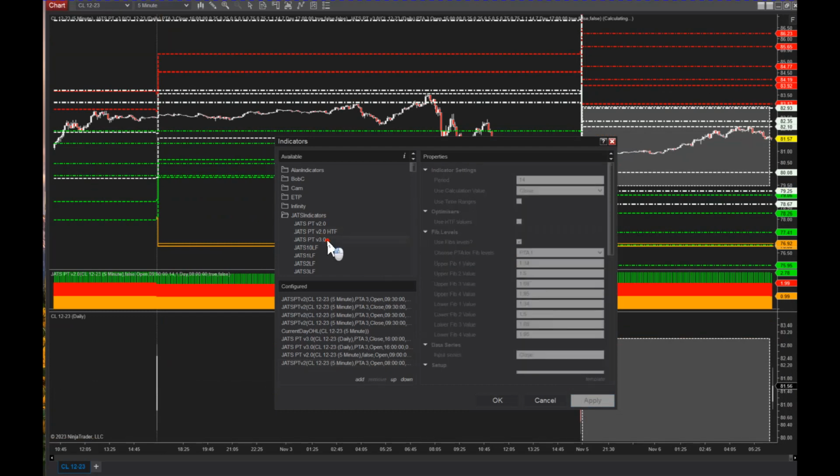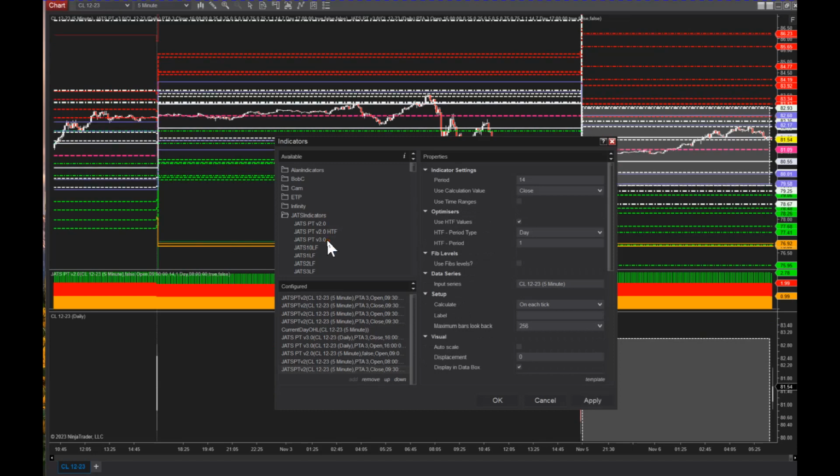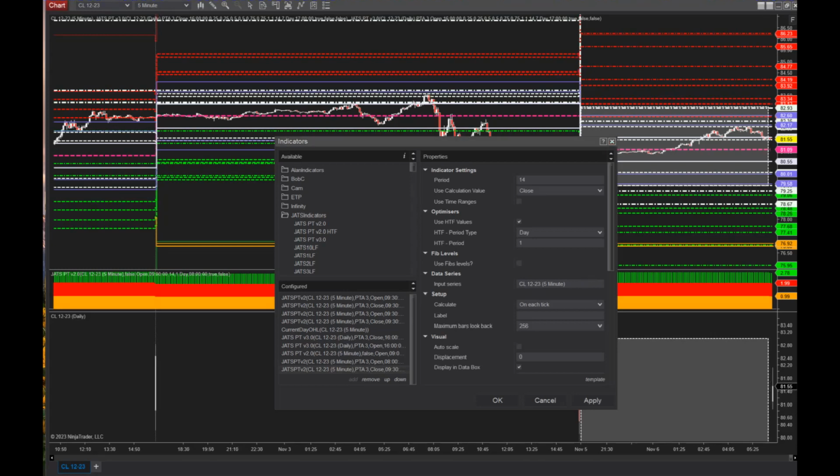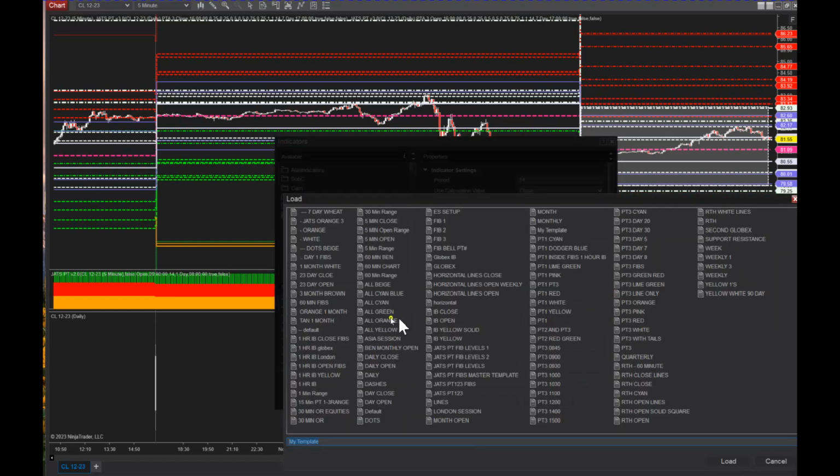I've got daily candlestick data pulling in for this chart, so I can get calculations off the daily as well instead of a 5-minute. We want to also add the 1 hour IB, so I'm going to change this to the 1 hour IB.